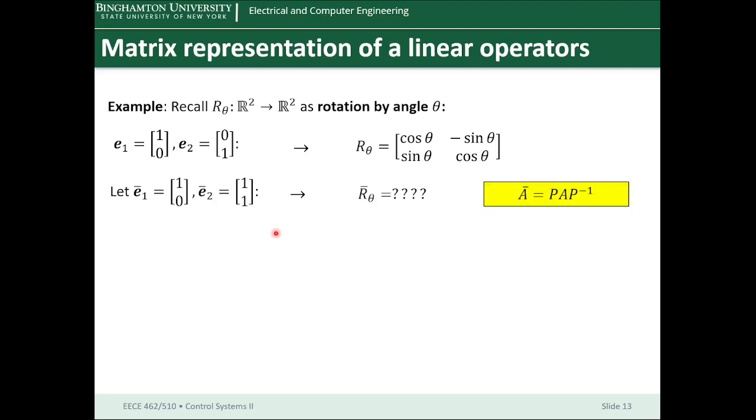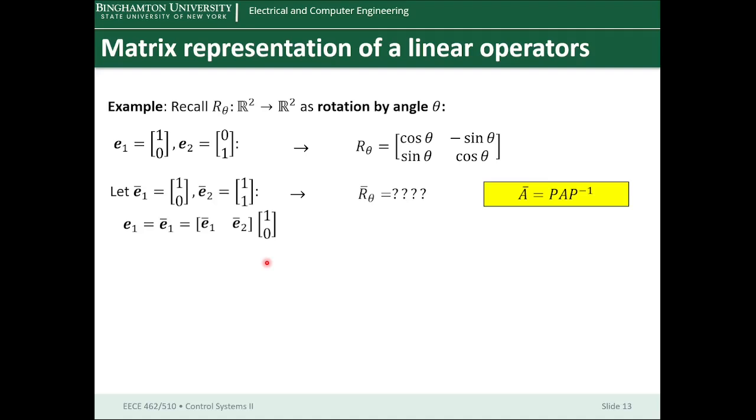To answer this question, we use A bar equals P times A times P inverse. So to find R bar theta, we need the change of basis matrix P. How do we find P? We take each of the old basis vectors e1 and e2 and express them in terms of the new basis vectors e bar 1 and e bar 2.